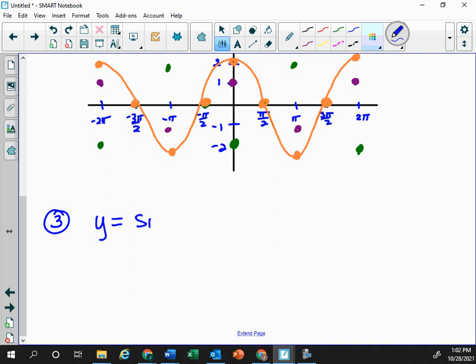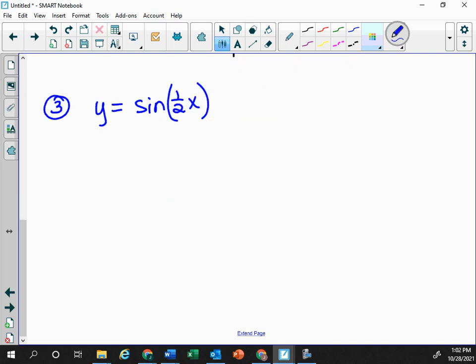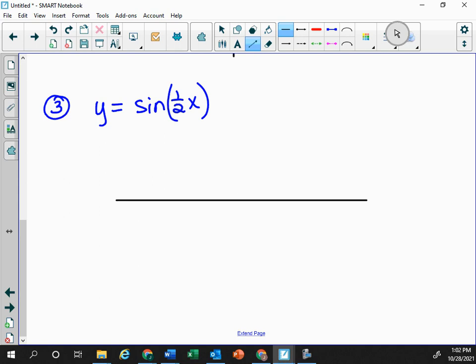All right, let's do something with the b value this time. Y equals sine of 1/2 x. And that's the only thing. That's it. We're starting basic there because the period change is the trickiest part.